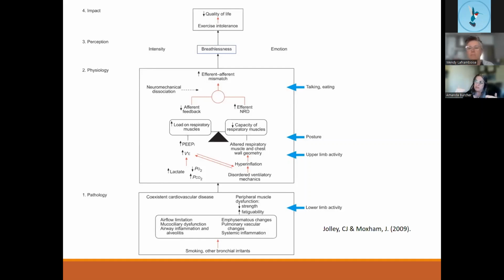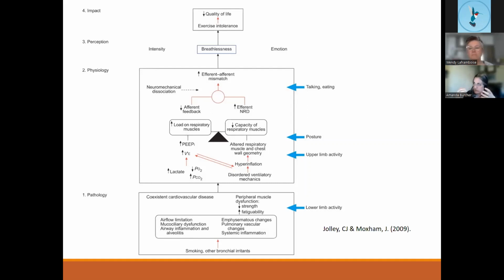This can be exacerbated by things like coexisting cardiovascular disease or loss of strength and function as people get cachectic at the end stages of COPD. As they start to lose weight without trying, they lose muscle tone and fatigue more easily. They categorize that as lower limb activity that contributes to the perception of dyspnea.